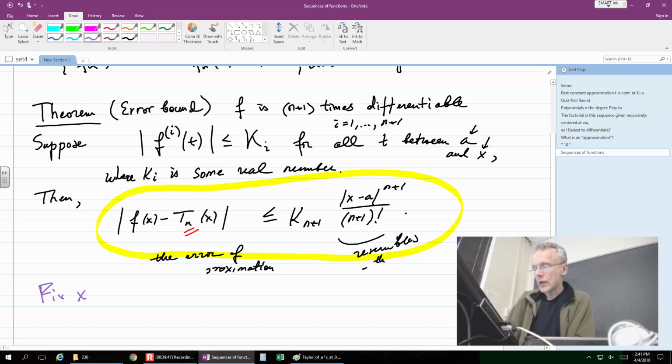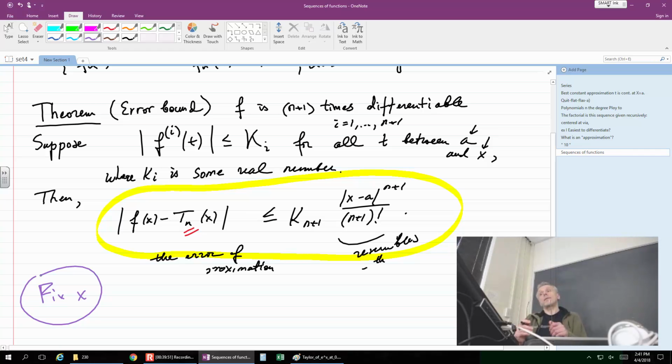So fix x. What does it mean to fix x? It means that I will not think of these functions, T_n of x, as functions, but rather as numbers, right? If the input is fixed, then the output is a single number. So then T_n of x is a numerical sequence.